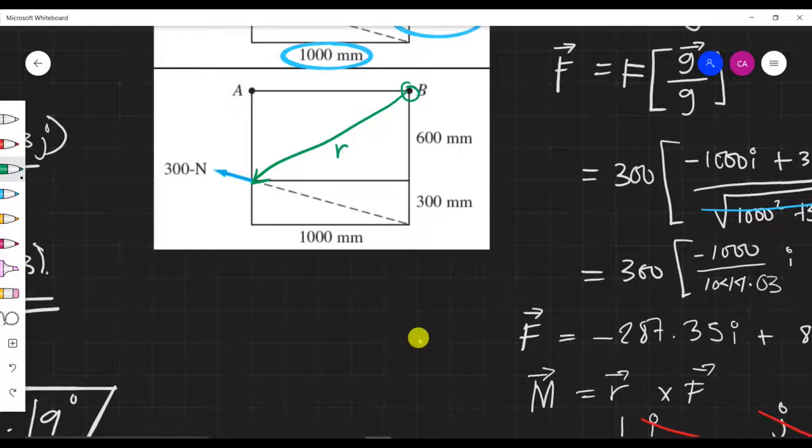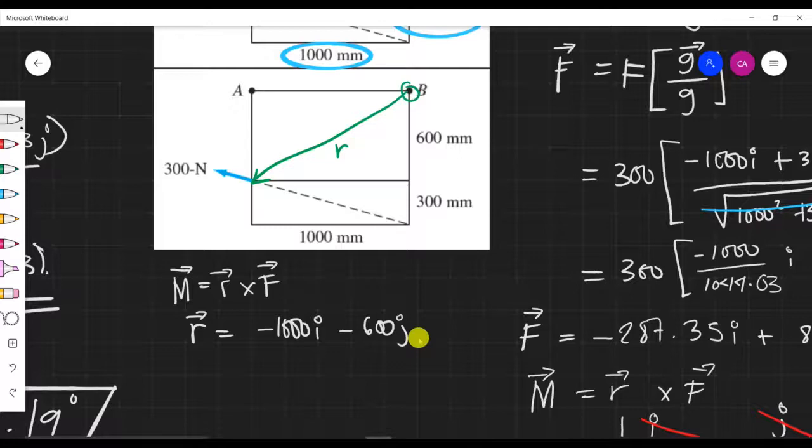So, this is R. Alam natin na ang formula is M equals R vector times F vector. R vector is, since siya ay pakaliwa, negative 1,000 I, then siya ay pababa, negative 600 J.